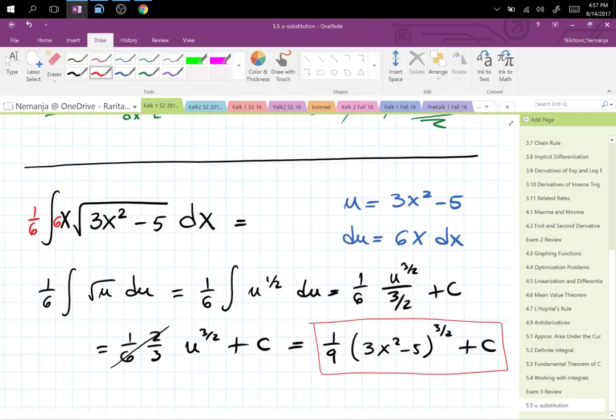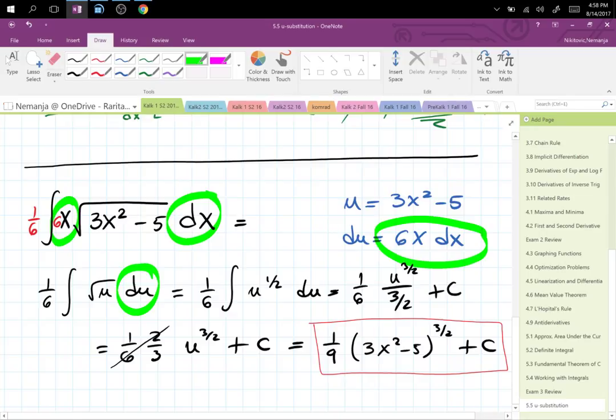So then what happened to the first x? In the original problem, there's x times, and then at line 2, the x disappears. Well, all of this is du. So all of that together, 6 times x times dx is du.